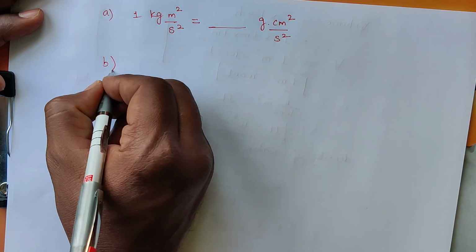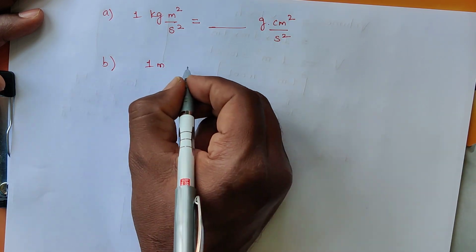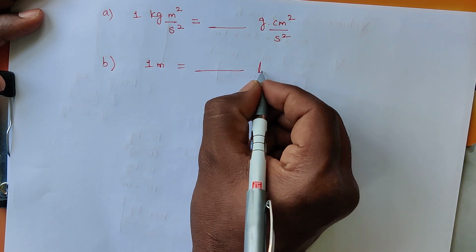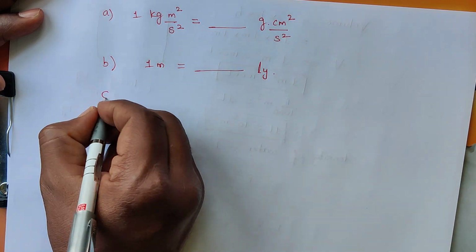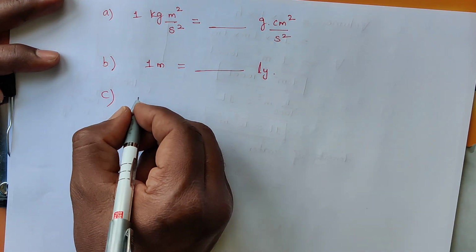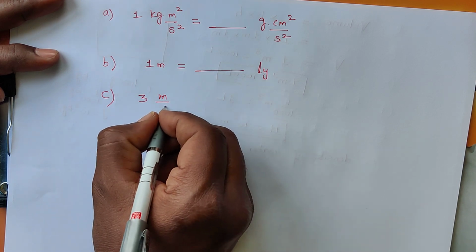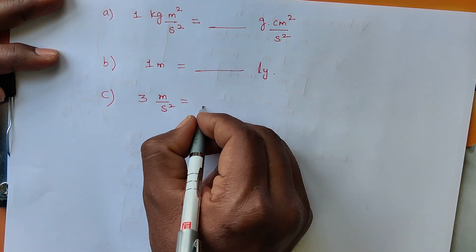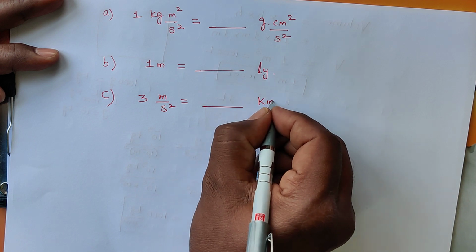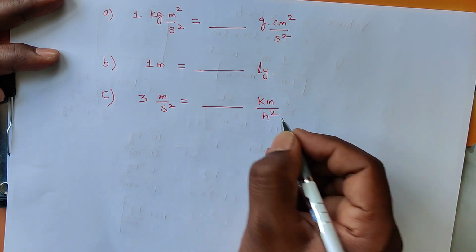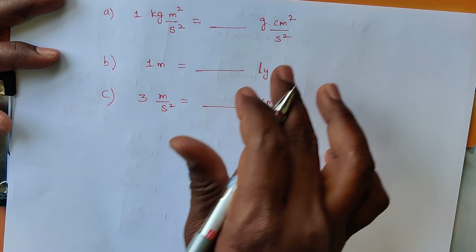Next, 1 meter is equal to how many light years? Do this one on your own. And also 3 meter per second square equal to how many kilometers per hour square? Kilometer per hour square. Do these three things.